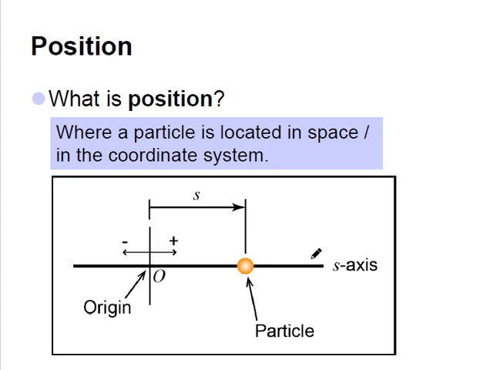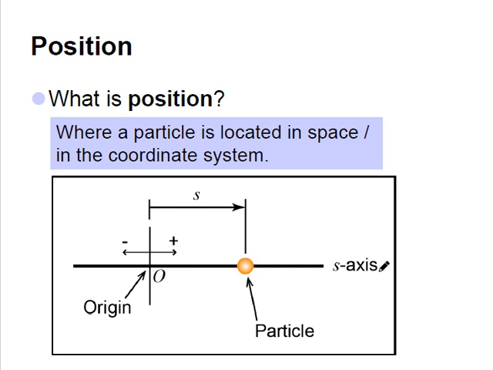All right, on the same coordinate axis, we have only one, the s-axis. You need to know another dynamic term, and that is position. So what is position? Well, position is going to tell you where your particle is located on that coordinate axis.